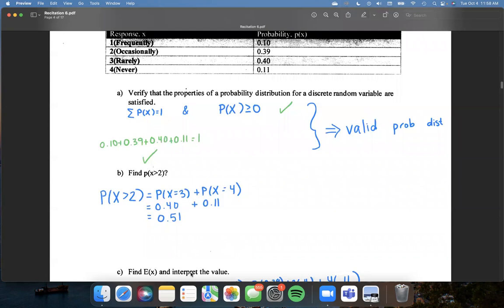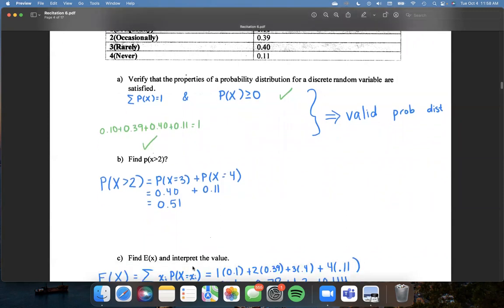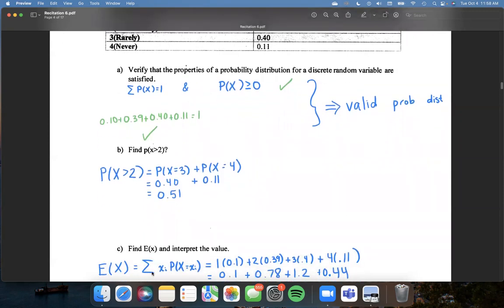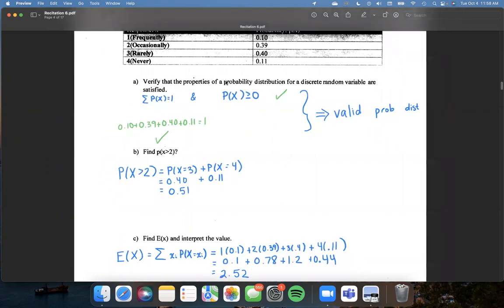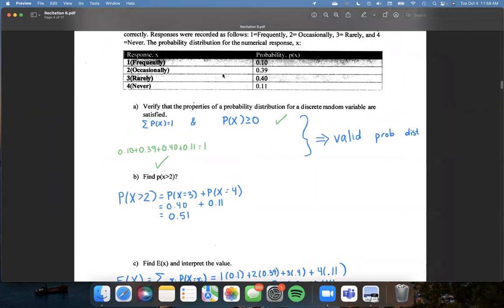Next, we're going to find the expectation of x and interpret the value. So the expectation of x is the sum of our xi times the probability that x equals xi. So if we go and look up here, we have 1 times 0.1 plus 2 times 0.39 plus 3 times 0.4 plus 4 times 0.11.